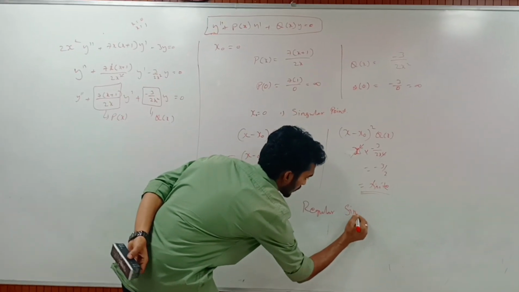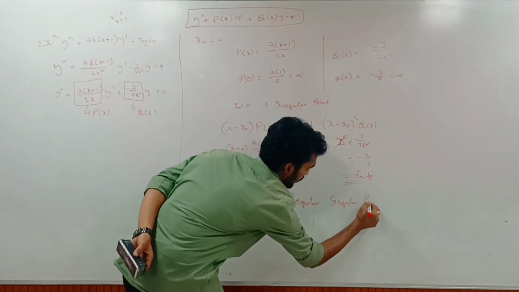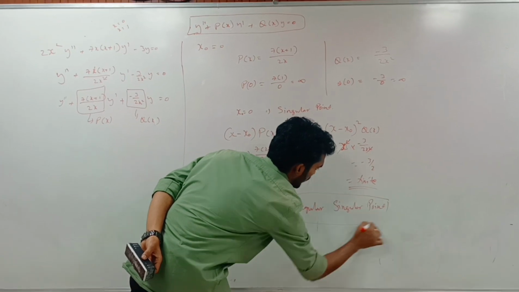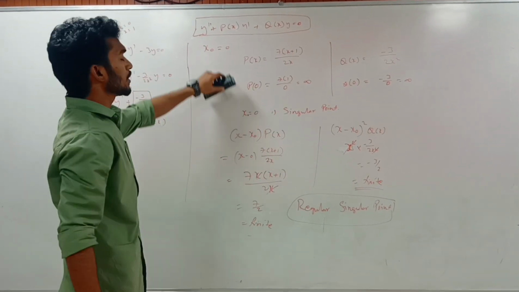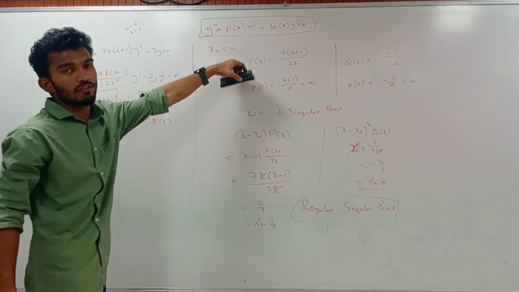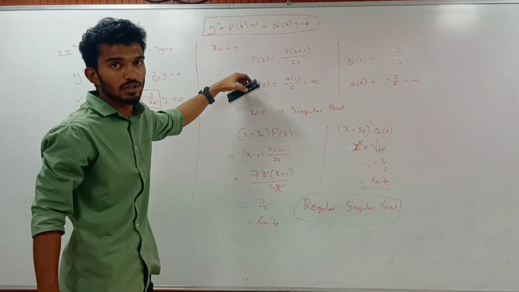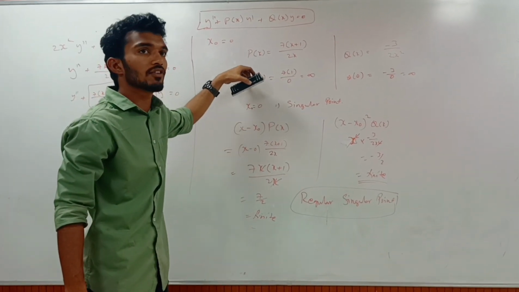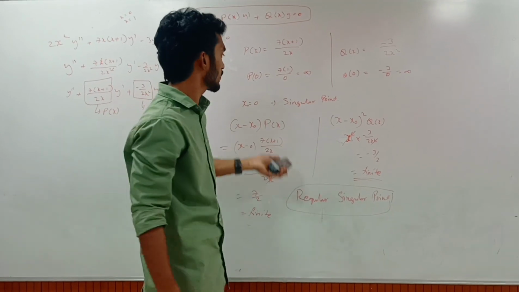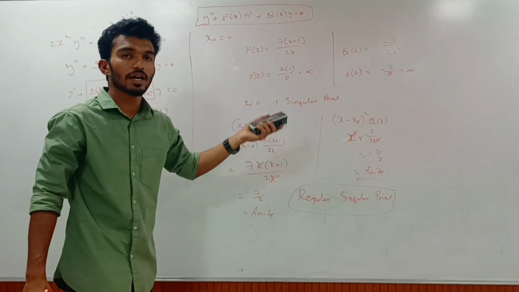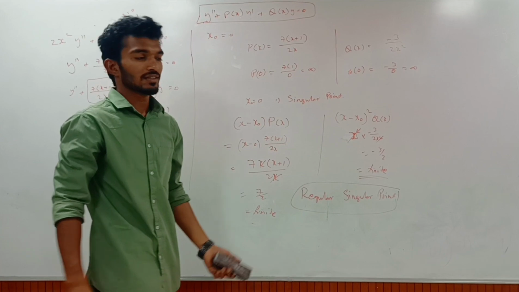In the same way, we need to check x naught equal to 1, whether it is an ordinary point or a singular point. And if it is a singular point, then you need to find whether it is a regular singular point or an irregular singular point.